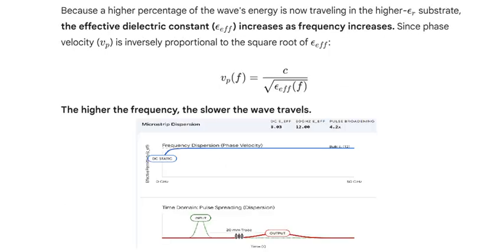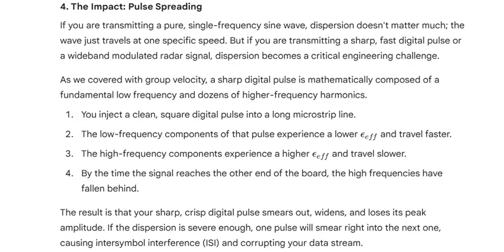Because a higher percentage of the wave's energy is now traveling in the higher epsilon r substrate, the effective dielectric constant, epsilon effective, increases as frequency increases. Since phase velocity, Vp, is inversely proportional to the square root of epsilon effective, the higher the frequency, the slower the wave travels.